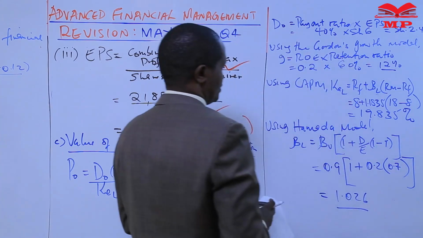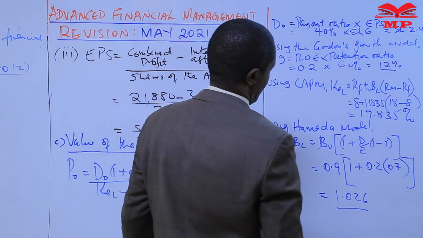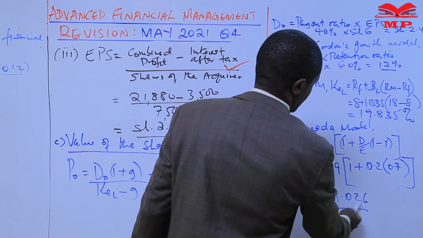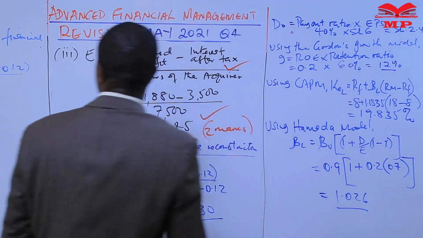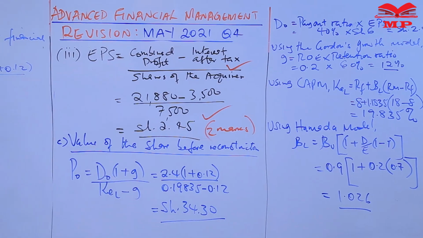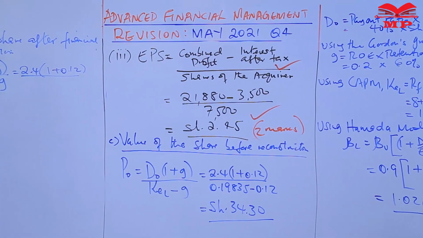The beta for the levered firm will change to 1.026.